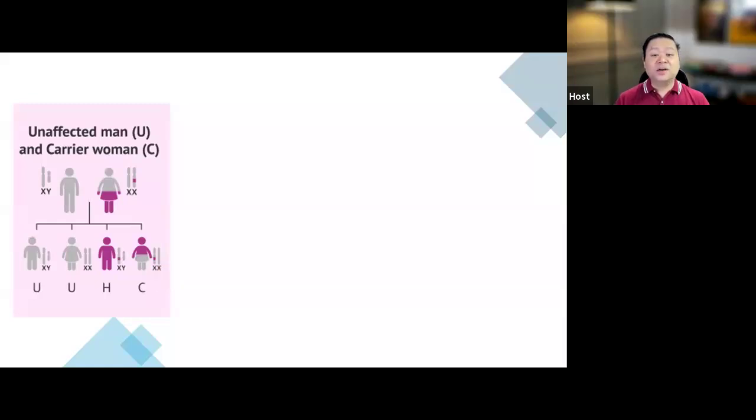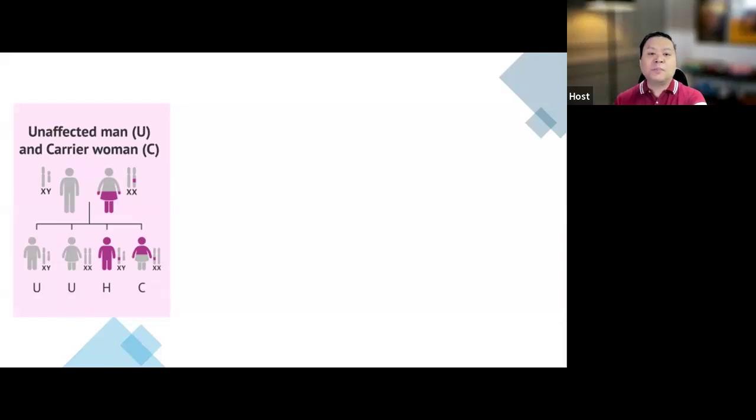However, the daughters who inherit the X chromosome with a mutation from their mother and the normal X chromosome from their father will be carriers like their mother, but typically will not exhibit symptoms of hemophilia. So this daughter here is going to be a carrier. She will not exhibit symptoms of hemophilia. However, the other daughter might be lucky enough not to get the defective gene coming from the mother. So there is that 50% chance.